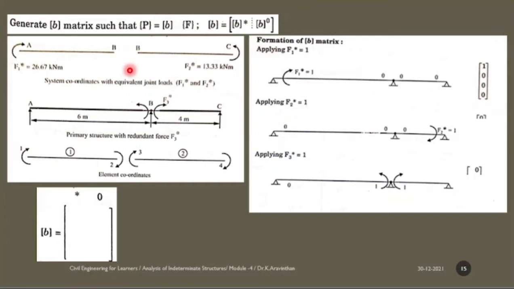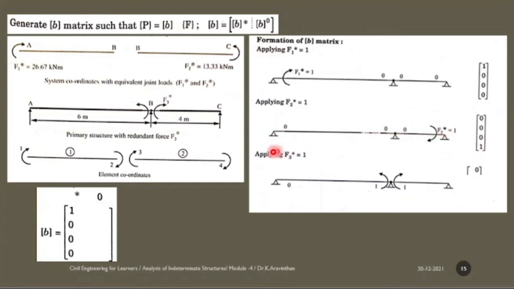And the next step is applying F2 star equal to 1. What is F2 star? This component. So you apply 1 kilonewton load here, and this is the term which is highlighted here, and your matrix will be 0, 0, 0, 1. So you don't have any force, 0, 0 and 1.